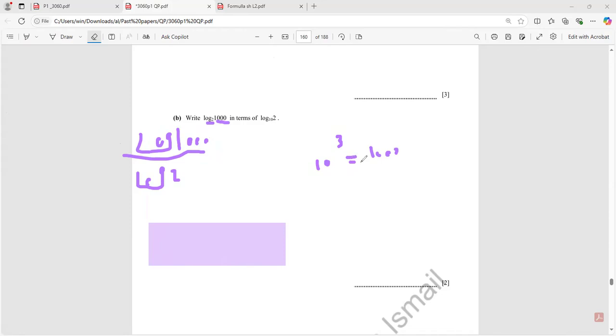So we say that log 1000 equals 3 over log 2 base 10. Okay, so this is the final answer, which is 3 over log 2 base 10. And I did it. Let's see the next.